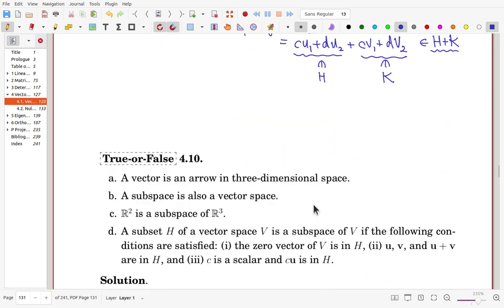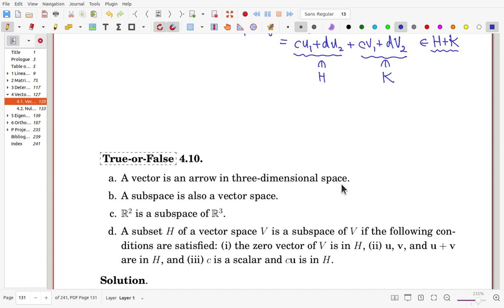Okay, we reach the true or false problems. A vector is an arrow in three-dimensional space. Is it true? It is ridiculous. Once a vector is in three-dimensional space, we may visualize it by using an arrow, but a vector is not an arrow.